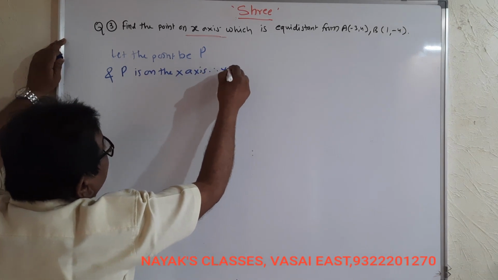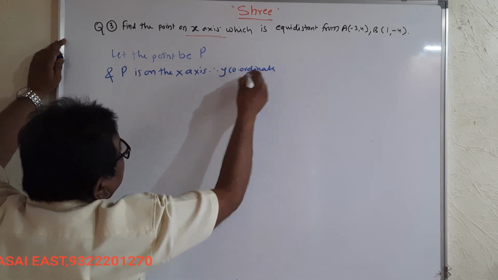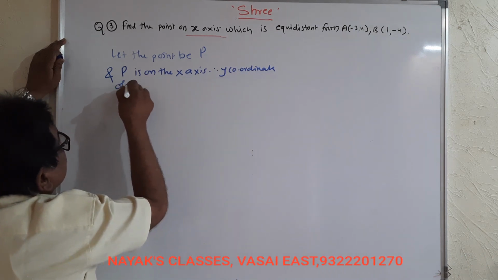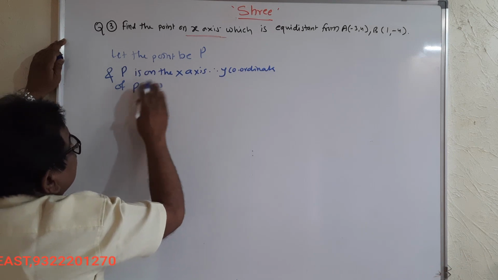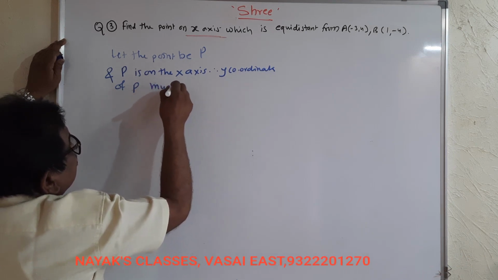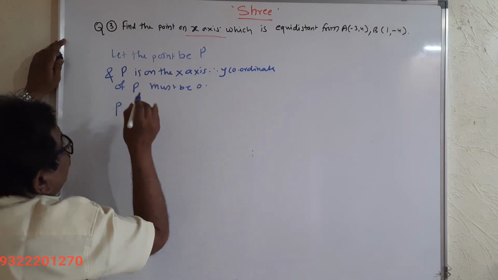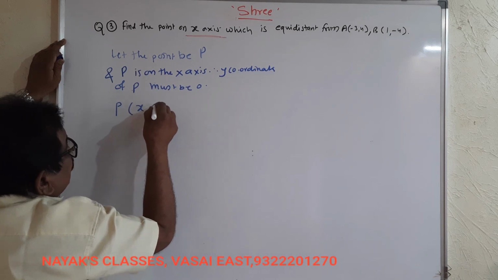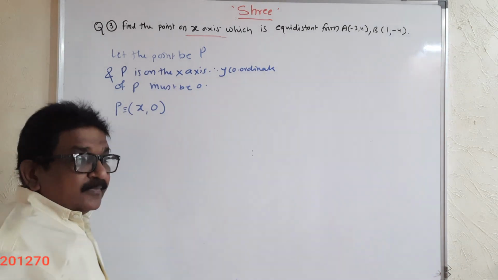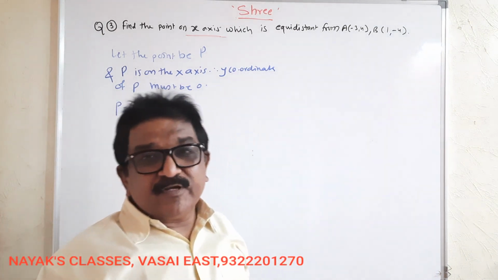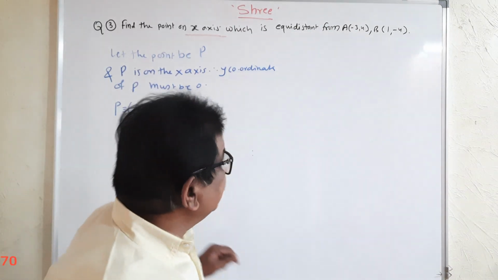Therefore, the y-coordinate of P must be 0. Therefore, we have the coordinates: x is present, y is 0. We have to find the value of x, since 0 is available. So it's very easy.